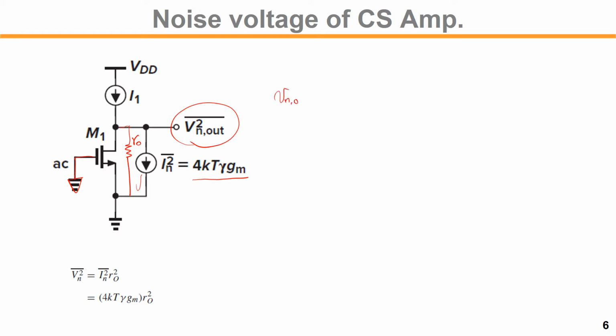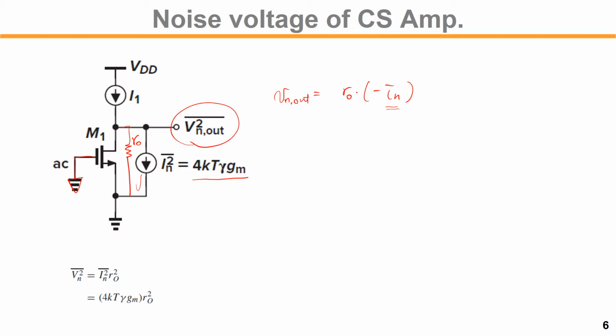So for the given noise, we can say that the output is RO times minus IN, right? Since we don't know the exact magnitude of IN, what we know is the expectation of the noise current density squared.